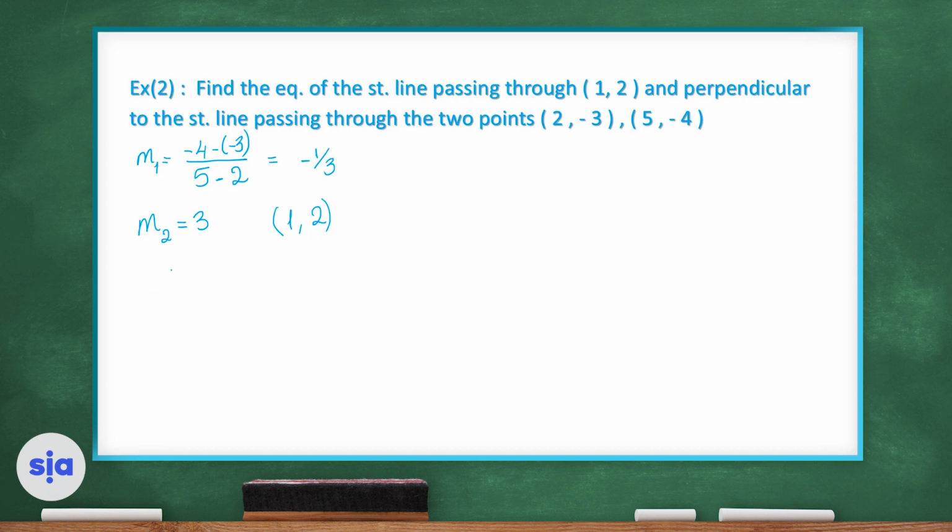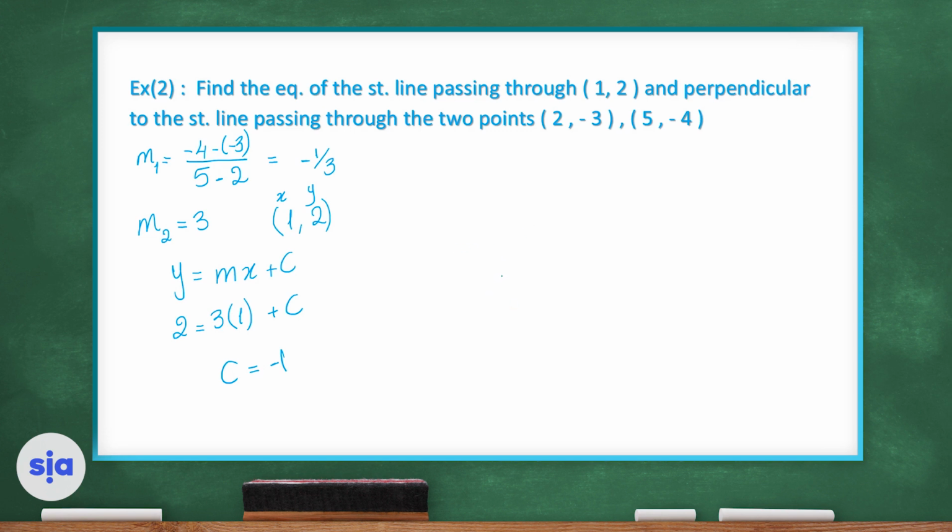You know that the equation of a straight line is y equals mx plus c. We replace x by 1 and y by 2, then it's 2 equals m times 1 plus c. Solve for c, c equals negative 1.